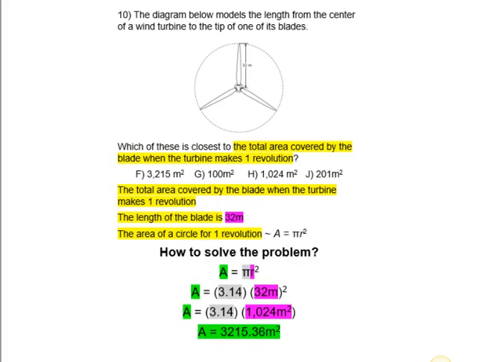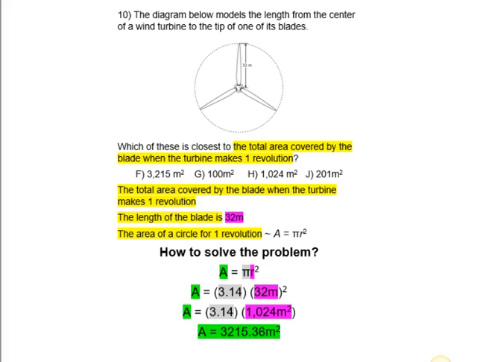How to solve the problem? What we need to do is substitute in the values for pi, which is 3.14, and multiply that by 32 meters squared. So 32 squared is 1,024 multiplied by 3.14, and A, our area, is equal to 3,215.36 meters squared.